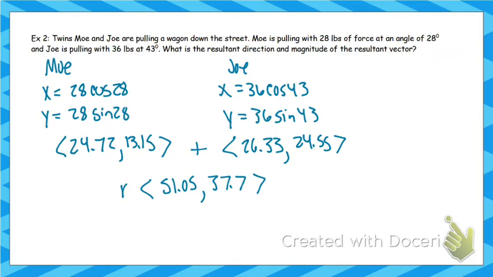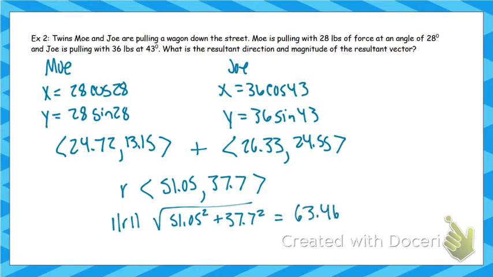That's the same thing we've been doing these past couple days. Magnitude is the Pythagorean theorem: 51.05 squared plus 37.7 squared. Plug that into a calculator and you get a magnitude of 63.46, which is the pounds of force we're talking about here. Direction, we're going to do tan inverse of y divided by x.